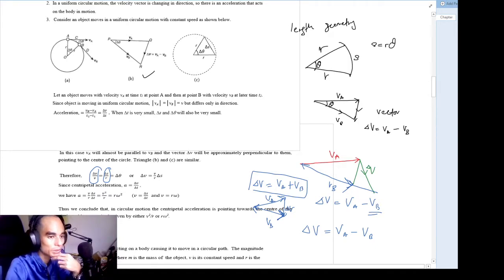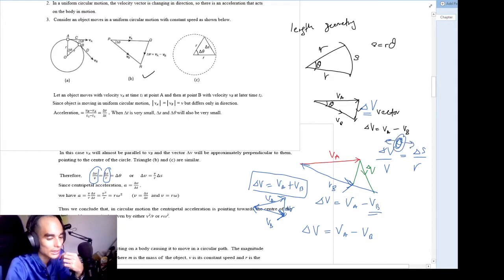This is change of V over V. And it equals change of S over R, because both of them have the same theta.